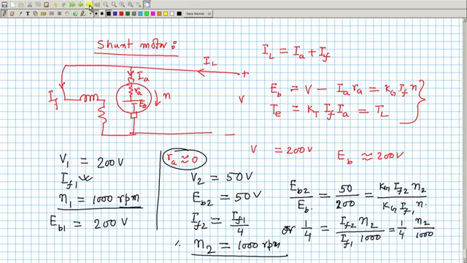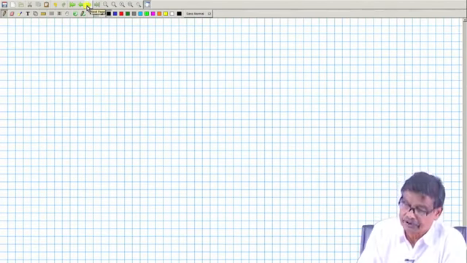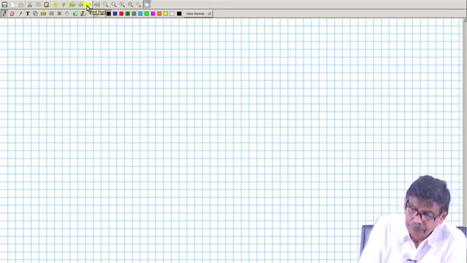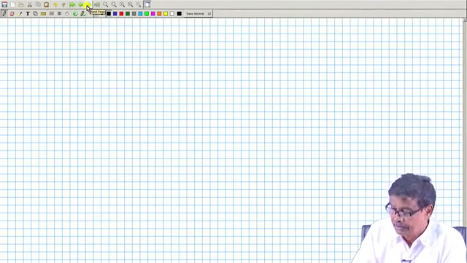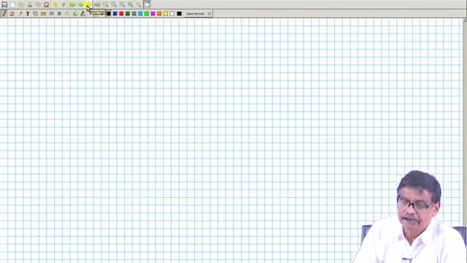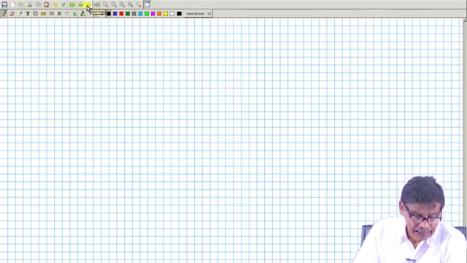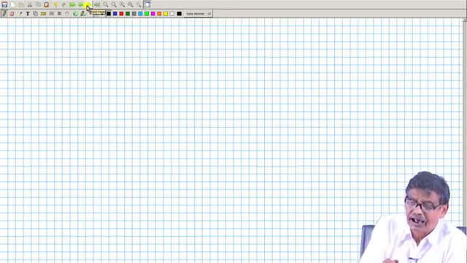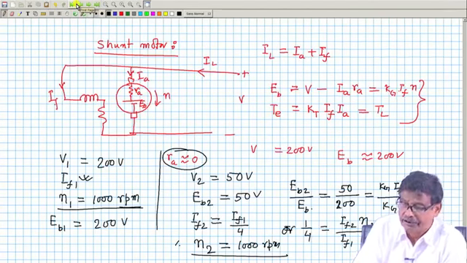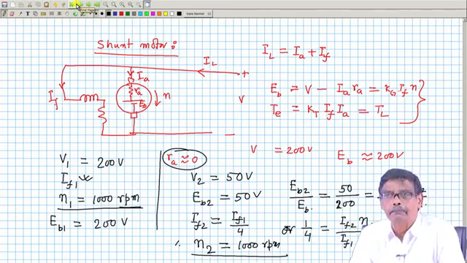So, this is how the calculation will go on in series and shunt machines. Why I have told calculations first, before discussing the speed control, various methods of speed control of DC motors as well as starting phenomena and braking, is that the calculations in DC machines are very simple.